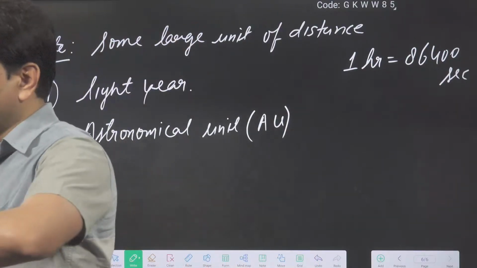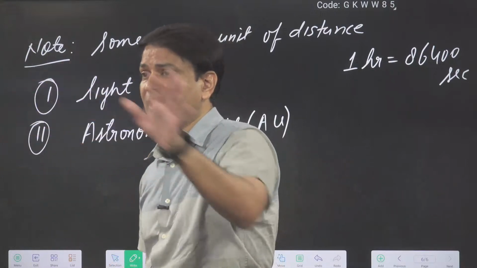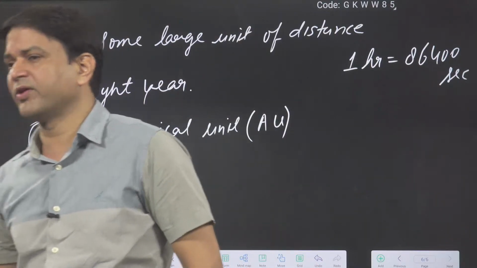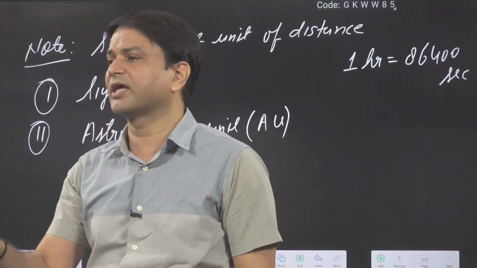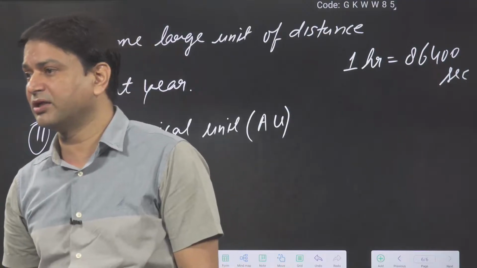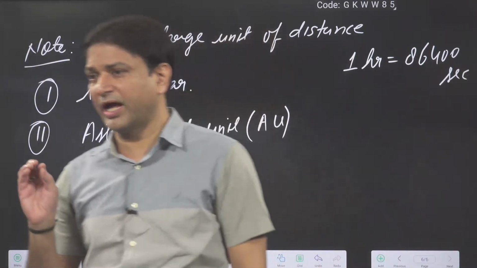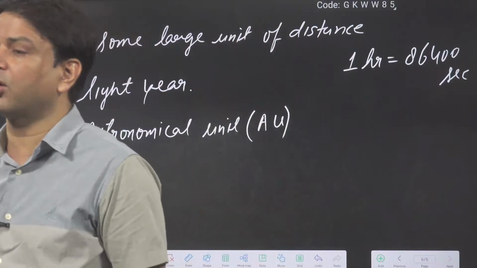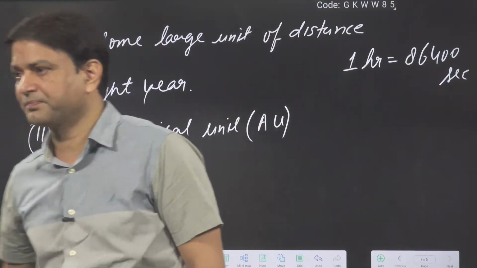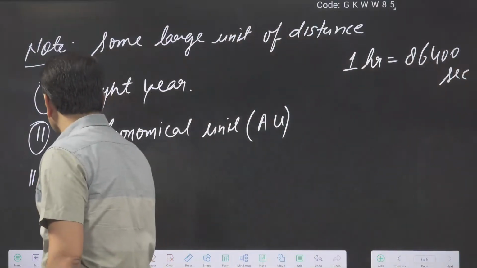We know that earth is not revolving in a circular orbit. That's why the distance of the earth from the sun is changing at different points. That's why we are saying the average distance between the earth and sun, or average orbit radius of the earth around the sun, is the astronomical unit. This everybody got or not? Third one is what?